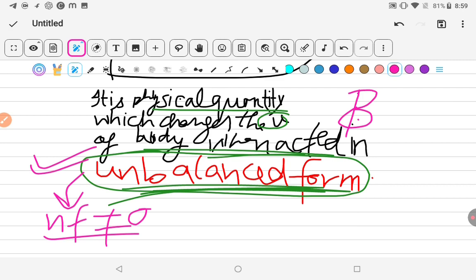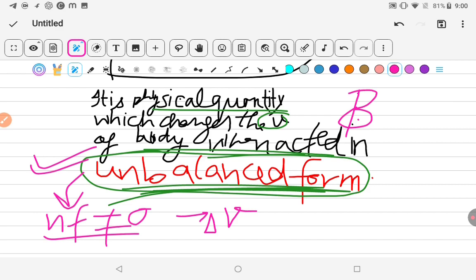This net force is actually causing an object to either speed up or slow down or change its direction. So these all three things, speeding up, slowing down, or changing the direction, are all changing the velocity, right?